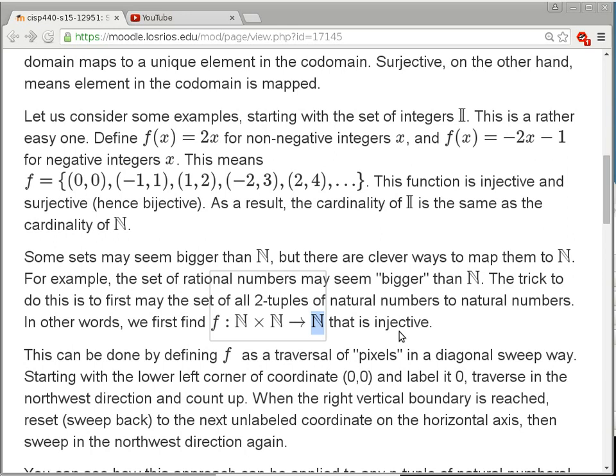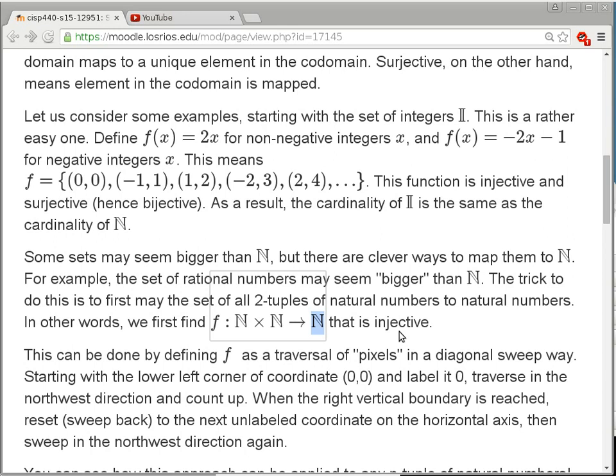So we are looking at this as individual pixels. This pixel is going to get assigned the natural number 0. Okay? And then we are going to sweep diagonally. So we'll make this one a 1, this one a 2. Okay? Then we'll make this one a 3, 4, 5, 6, 7, 8, 9, and so on.